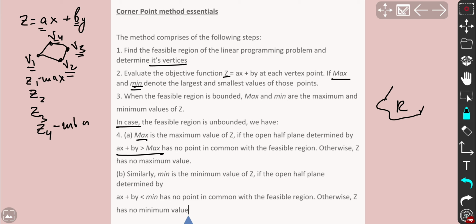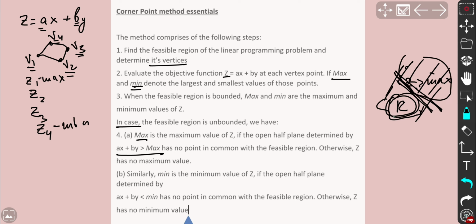So if this region, let's say you set up z, right, and that's your z, and z more than max is this part of the Cartesian plane. And as you can see here, this part and the region R have common points.